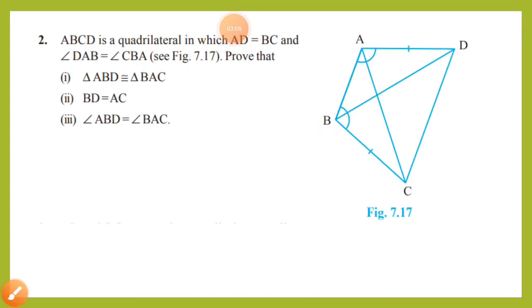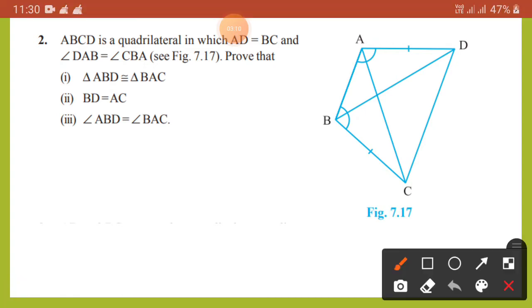Now the next question is, ABCD is a quadrilateral in which AD is equal to BC, and angle DAB, that means this angle, is equal to angle CBA, this angle, in this figure.